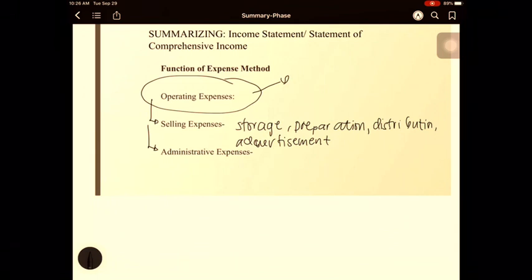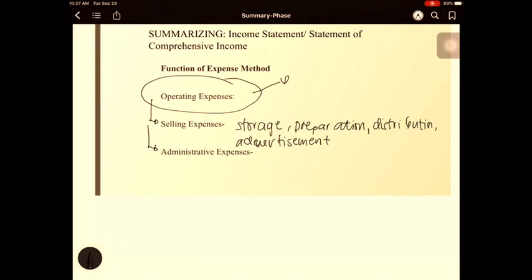So the easier way for you to classify whether an expense is a selling expense or an administrative expense is to determine whether such an expense may be directly attributed to the storage, the preparation, the distribution or the advertisement of the products that the business is selling to its customers. If the answer is yes, then this type of expense is part of your selling expense.